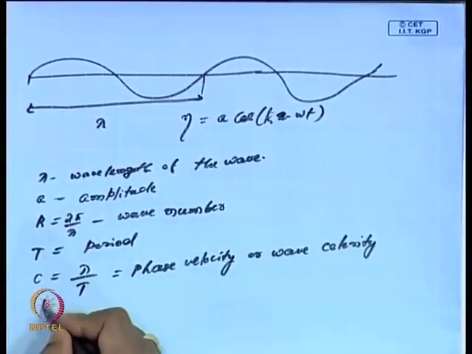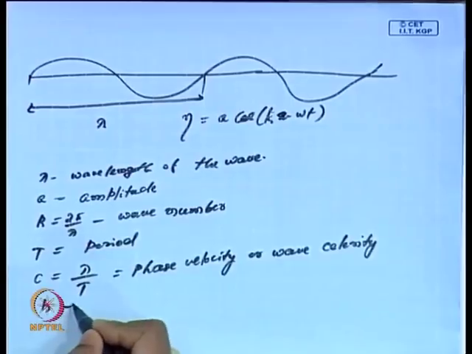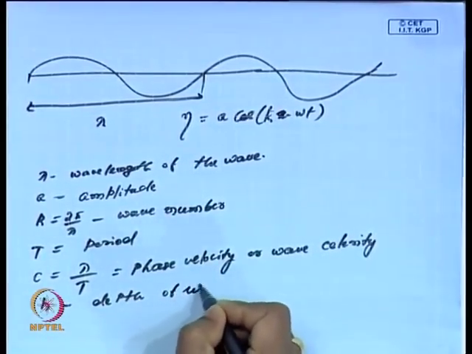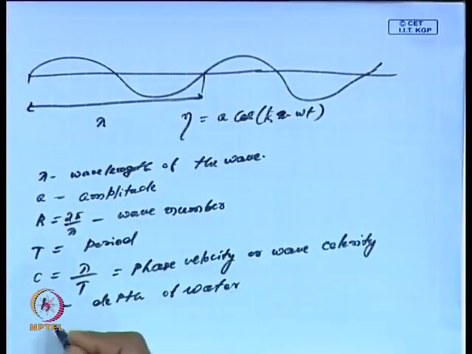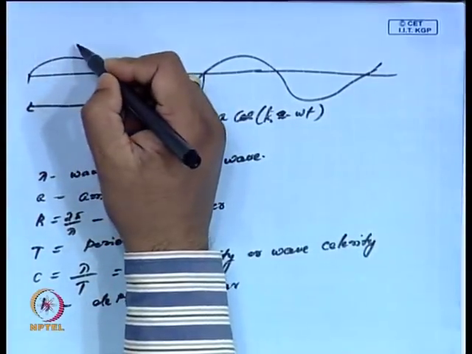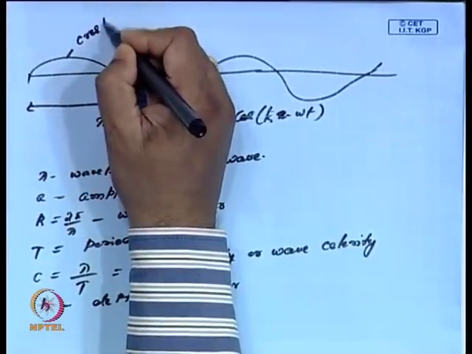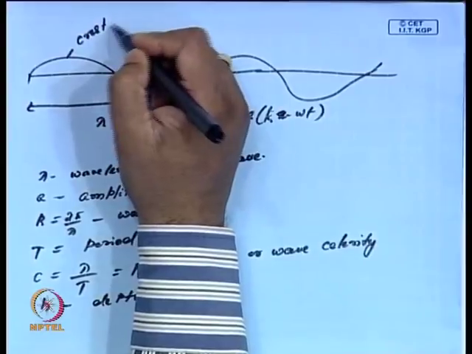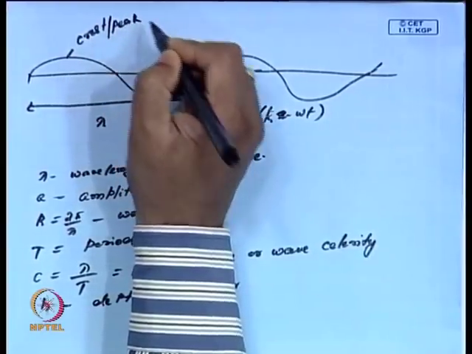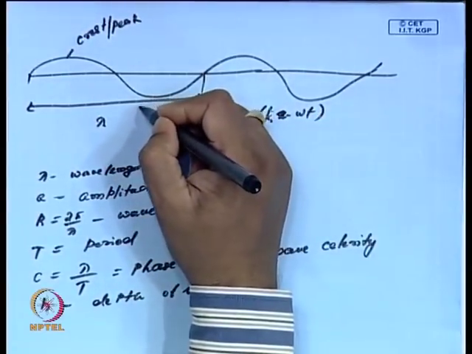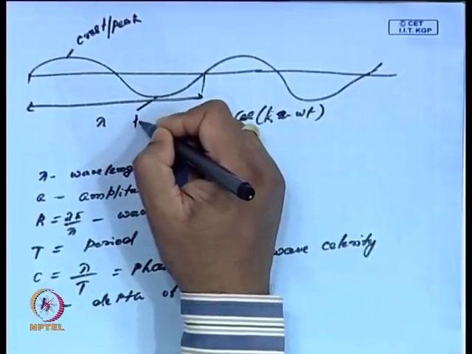Then, if h is the depth of water, we have other factors. The maximum highest point is called the crest or peak, and the lowest point is the trough.